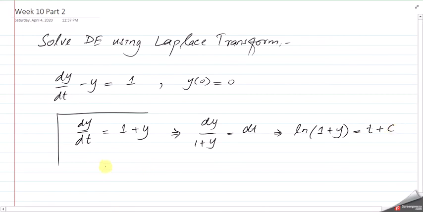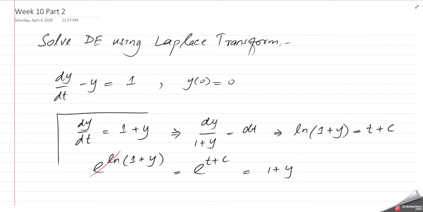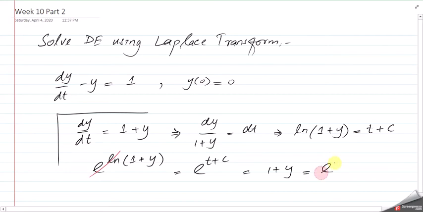We take e power on both sides, e power log of 1 plus y equals e power t plus c. So that means 1 plus y, because e and log will cancel each other, equals e power t plus c.